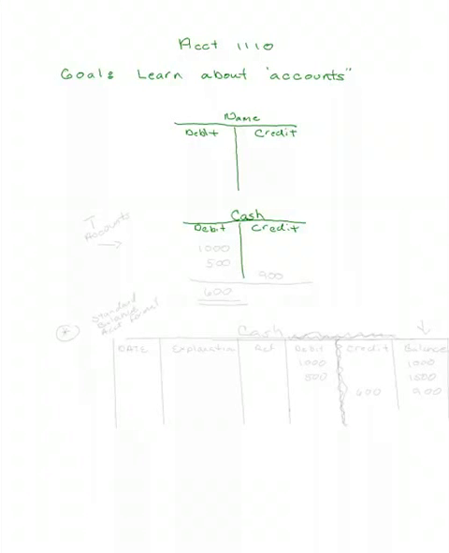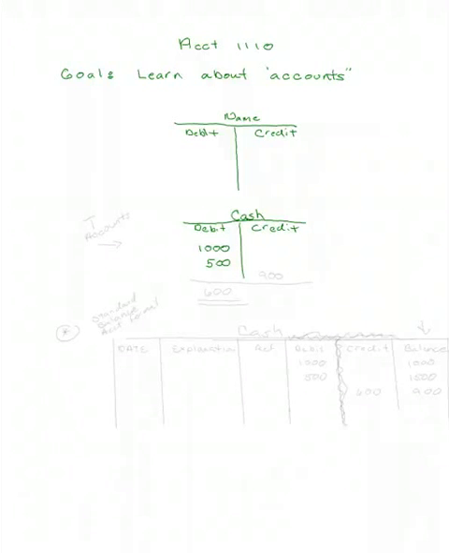So if I would like to increase my cash account, I would say debit cash for $1,000, let's say. That means I made the cash account bigger by $1,000. And maybe I say debit the cash account again. So you would know to enter another $500 to the cash account. We would debit it. The cash account now has a debit balance of $1,500.